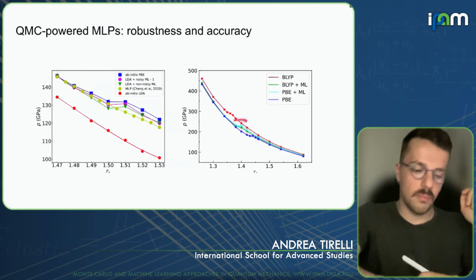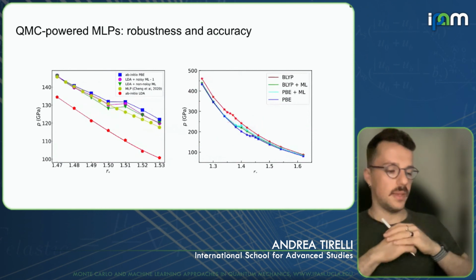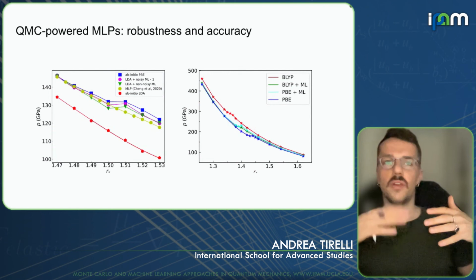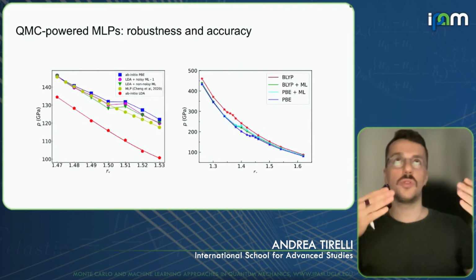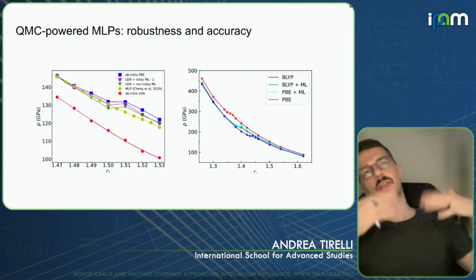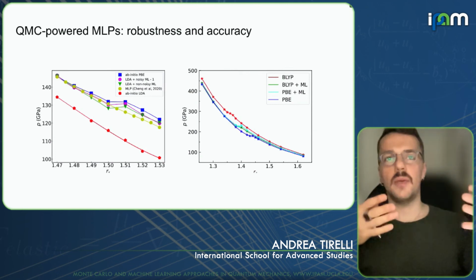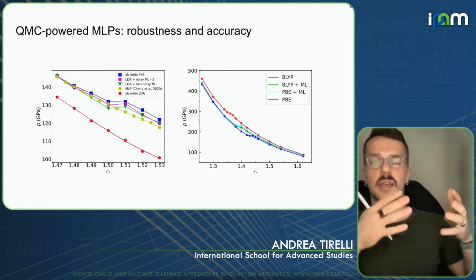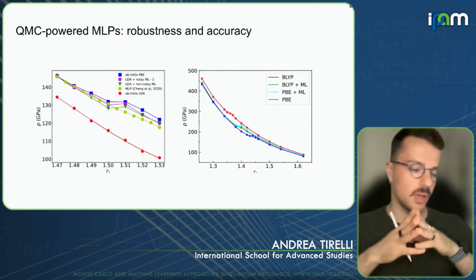We then learned this machine learning correction whose purpose was to go from LDA to a noisy PBE, which we used as a proxy of a quantum Monte Carlo simulation.